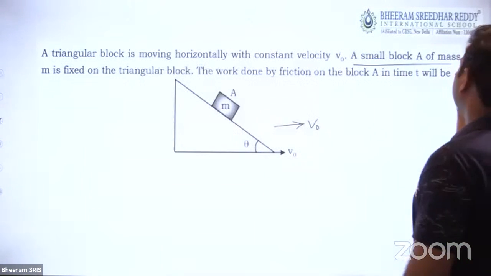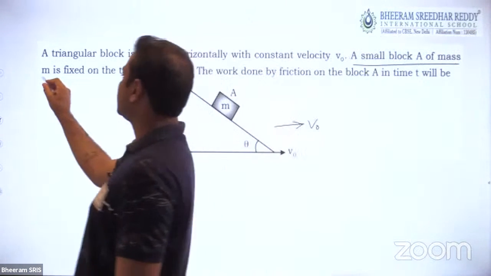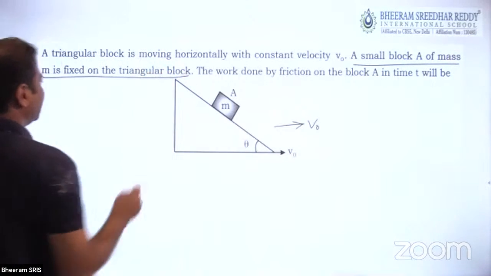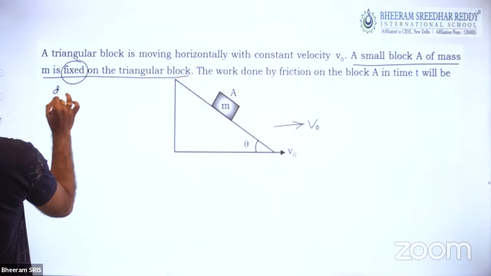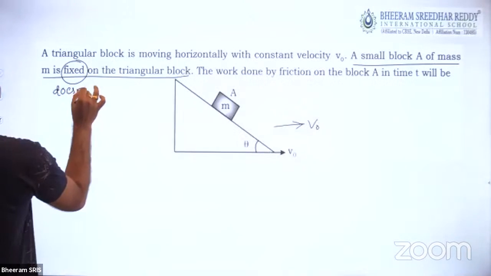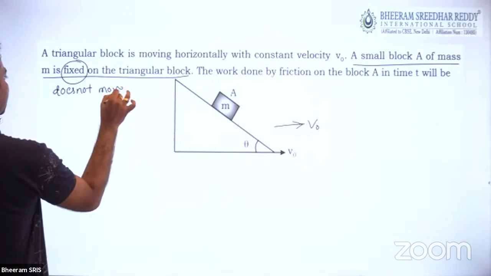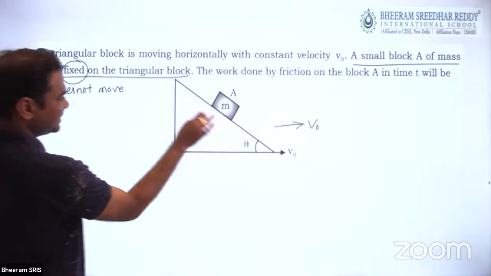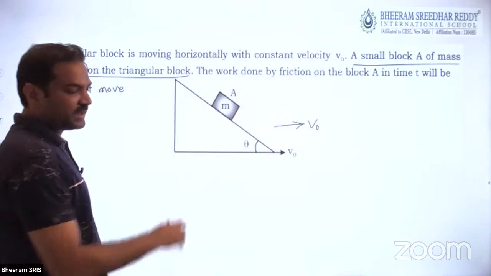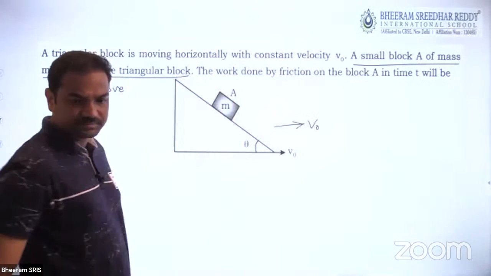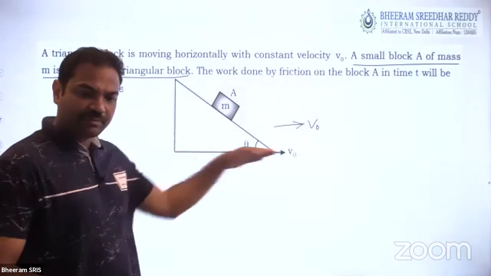A small block A of mass M is fixed on the triangle block. Fixed means it does not move. Does not move on the inclined plane. Let us say this is the inclined plane. On the inclined plane, this block is not moving, but the inclined plane is moving.